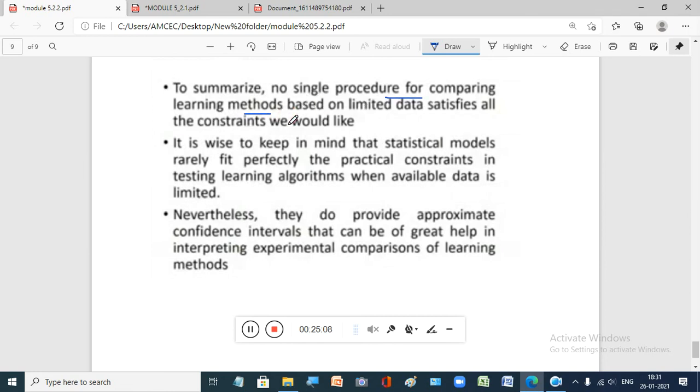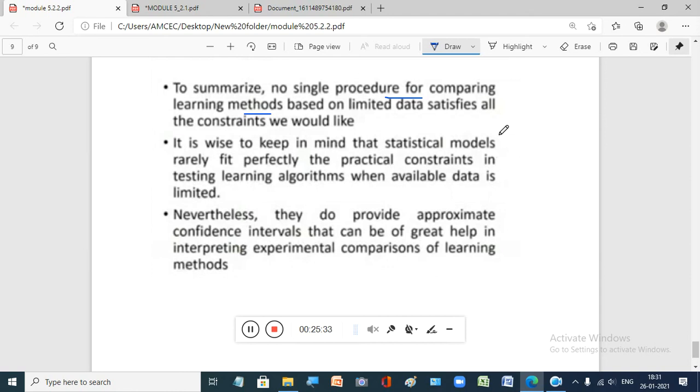It is wise to keep in mind that statistical models rarely fit our training algorithm. We cannot simply say, use the paired t-test and find whether algorithm A is better or algorithm B is better.